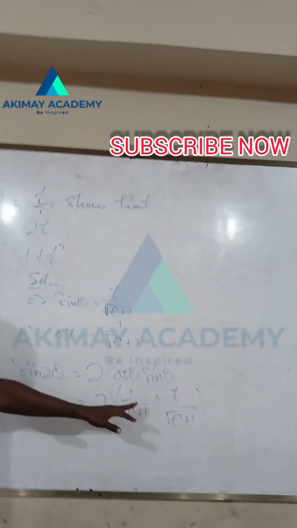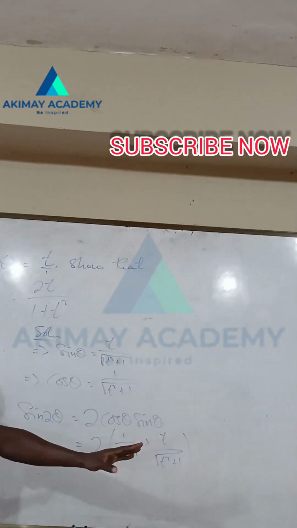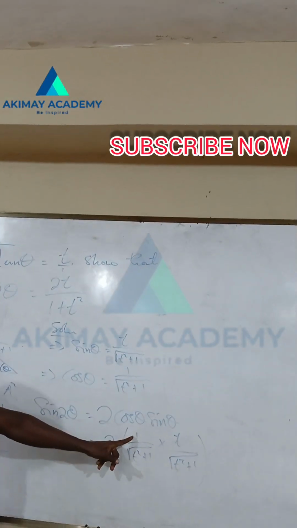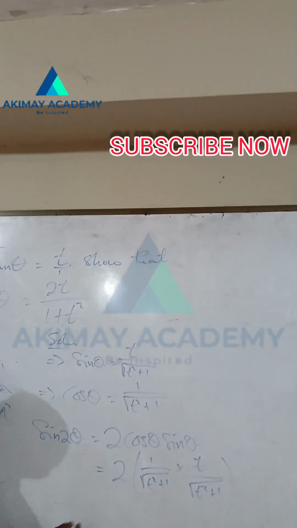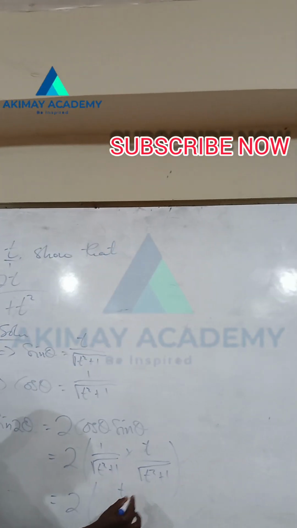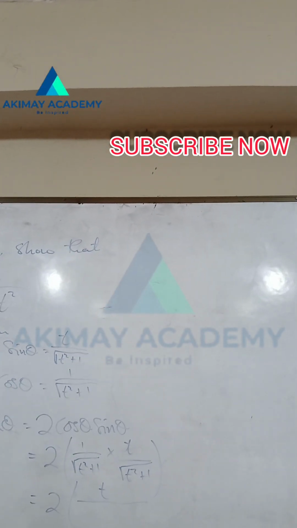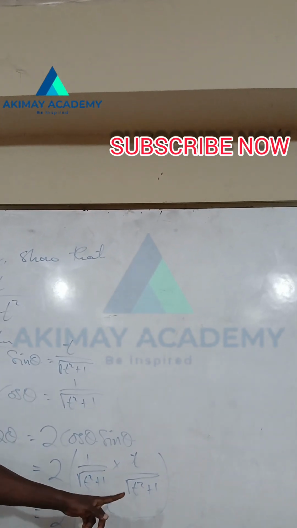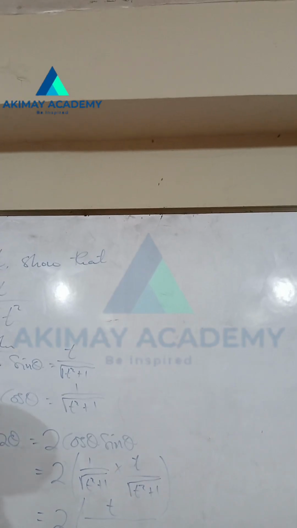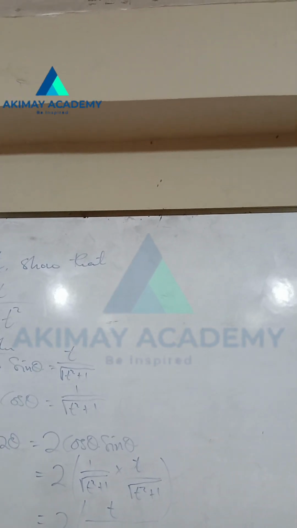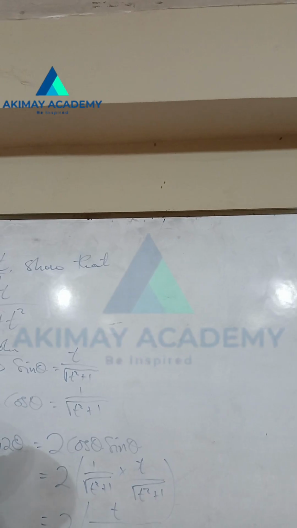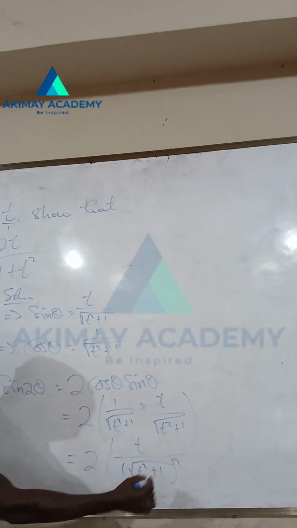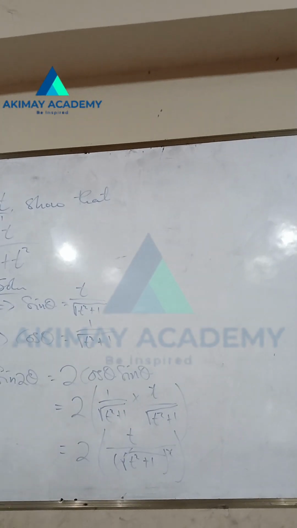We multiply numerators: 1 multiplying t gives t. Out of root of t squared plus 1 multiplying root of t squared plus 1, it's going to give us root of t squared plus 1 all squared, so that this square will cancel this square root off.